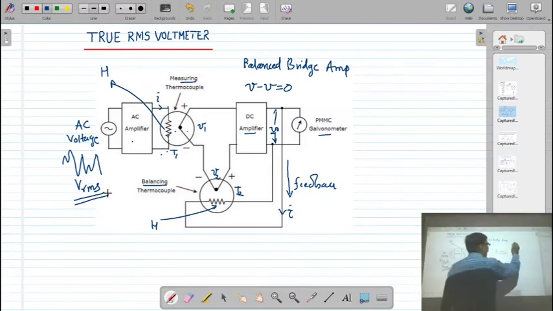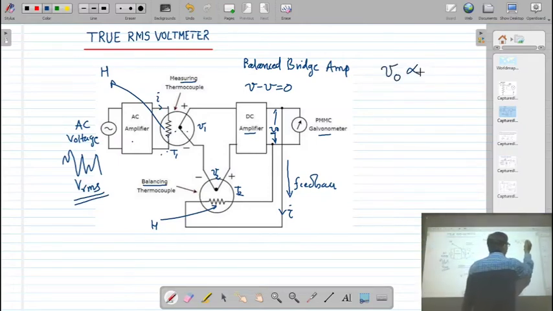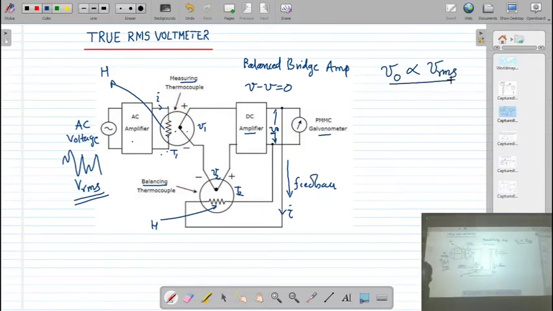Here we are not measuring the RMS voltage directly, but your AC signal produces the heat, which produces the EMF, and that is measured by this amplifier circuit. Correct? So now let us prove that whatever output voltage is generated is proportional to my RMS voltage.